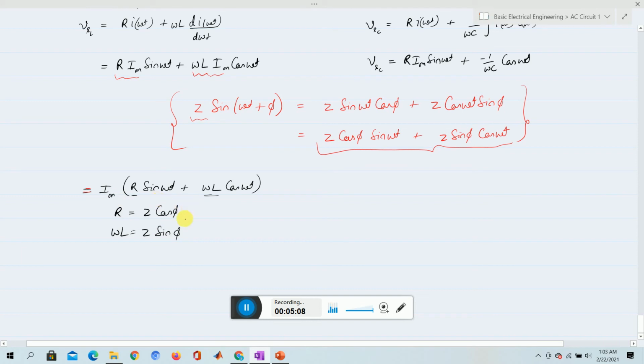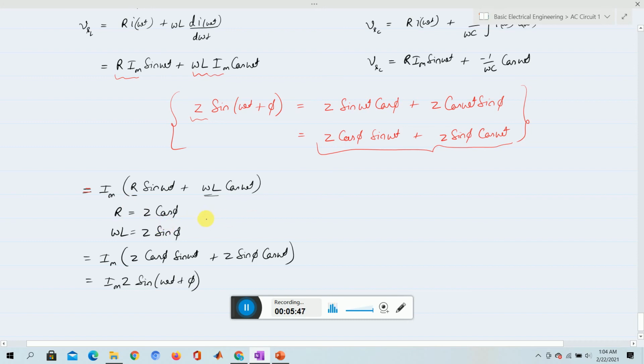So instead of R, we write Z cos phi sine omega t, and omega L as Z sine phi cos omega t. We can write this as Im Z times sine omega t cos phi plus cos omega t sine phi, which is sine of omega t plus phi. That is the objective of putting in this value.